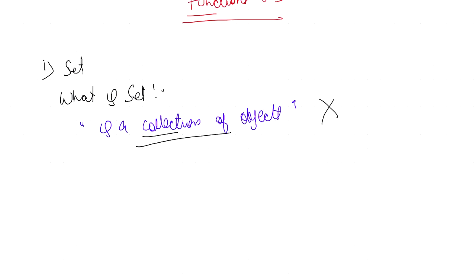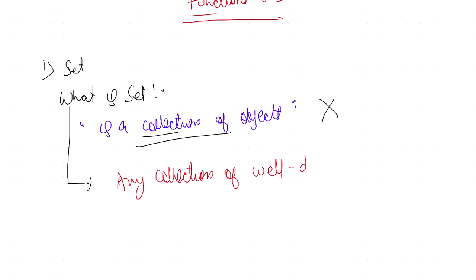In fact, the definition should be like this. Set is any collection of well-defined objects. Well-defined is very, very important.